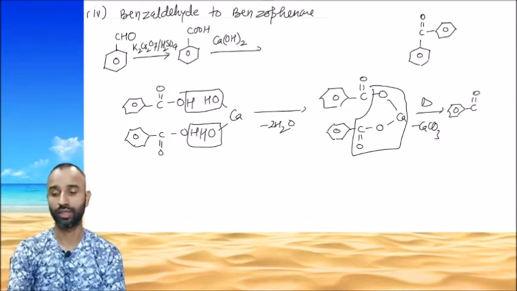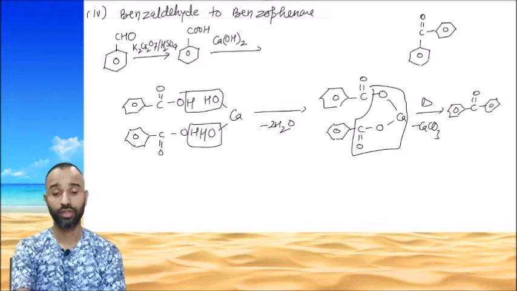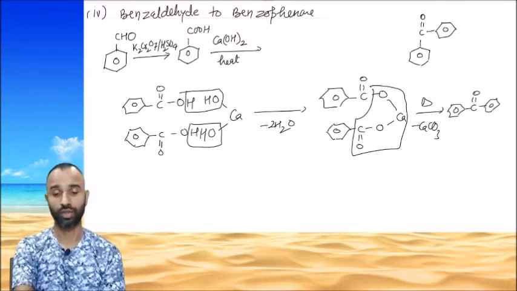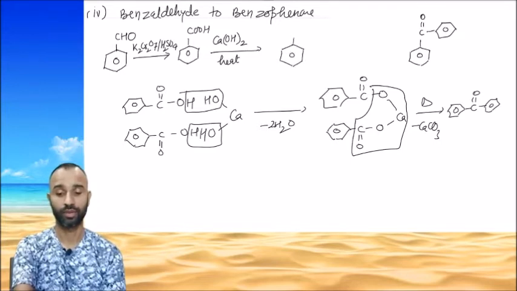So we get benzophenone, right? So what we do, we treat it with calcium hydroxide and then heat. So ultimately we get COO.